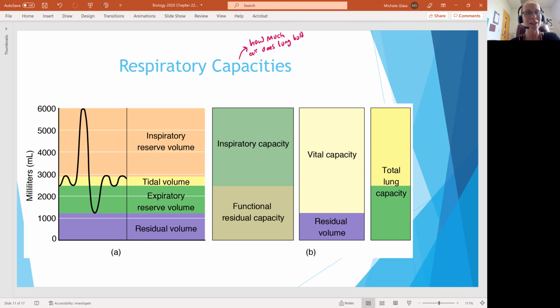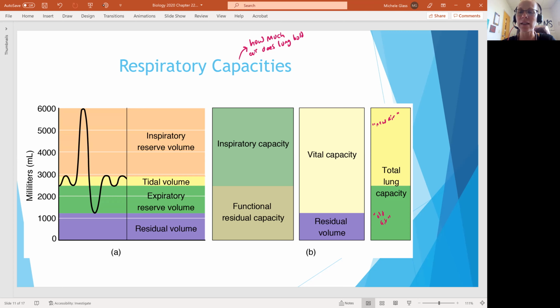So this is the air that you can possibly move, as well as the air that stays resident in the lung, that kind of old air. So I'm going to put "new air" in quotations and "old air" in quotations when we talk about total lung capacity, plus whatever's left is all of the things.